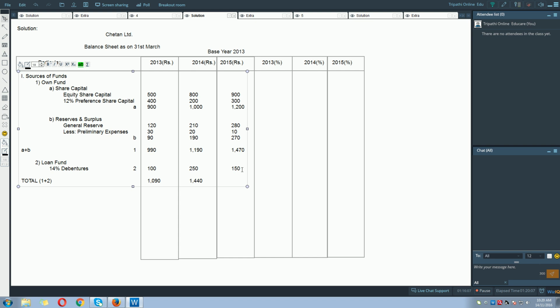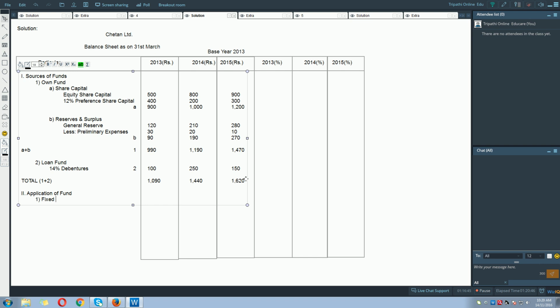In loan fund we have only one item, that is 14% debentures, 100, 250, then 150. So let us number this as 2.